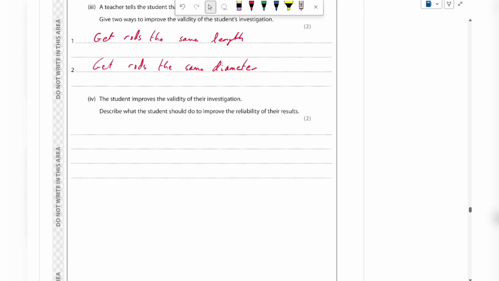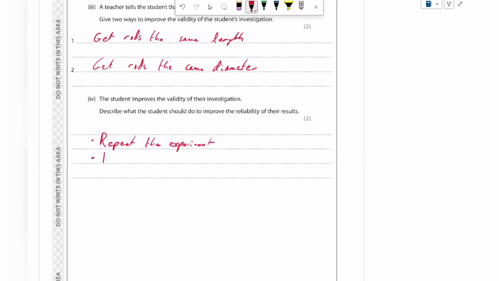Describe what the students do to improve reliability. Reliability is all about, if you repeat it, do you get the same answers? So reliability is all about repeats, but taking a repeat does not improve the validity. It is, however, the first mark. You take the repeat, and why do you take the repeat?